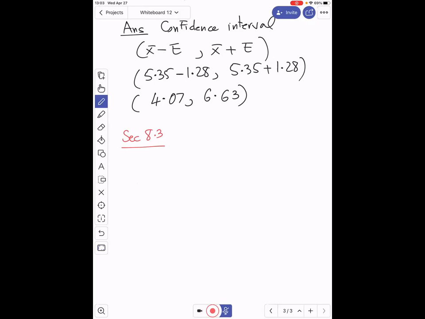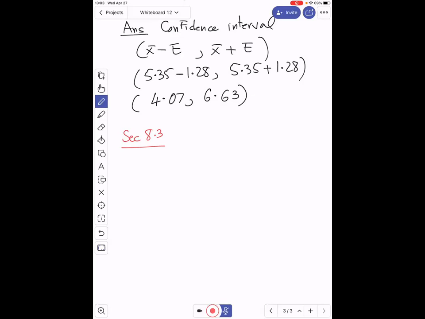We're going to estimate the probability of success P in a binomial distribution. Remember, we have two outcomes, probability of success, probability of failure, and the probability of success P was always given in the problem.